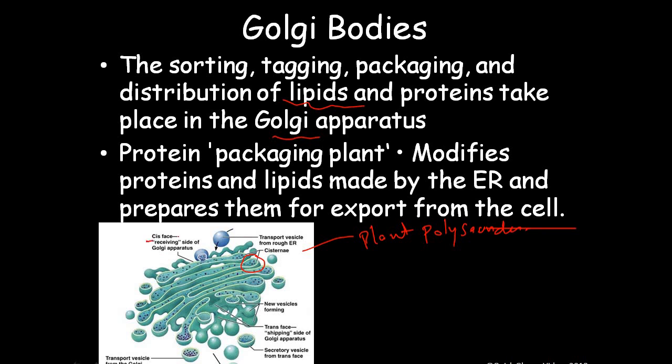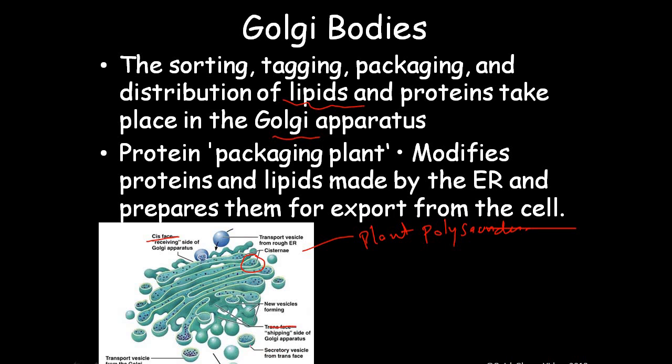So you have a cis face, the receiving face of the Golgi apparatus, and you have a trans face, the shipping, releasing face of the Golgi apparatus. The material collected here is transported to the outer membrane with the help of transport vesicles or secretory vesicles.